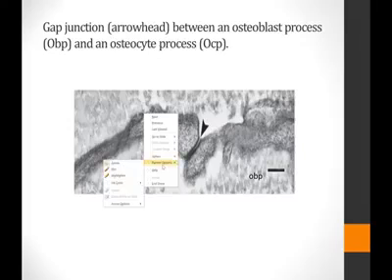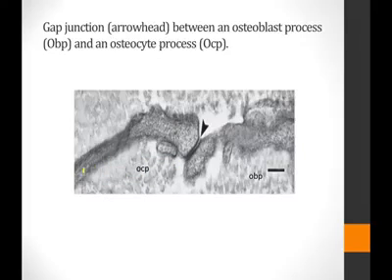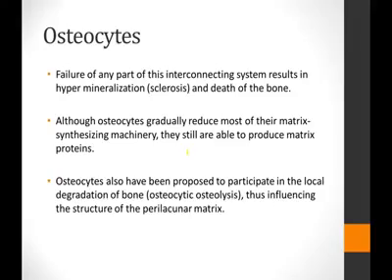If you see here, this process is coming from the osteocyte and this process is coming from the osteoblast, and they have a junction, called the gap junction, between them, and this junction helps them get the information from the other side. So this is how the osteocytes are present in a very ideal position to sense the changes in their environment.